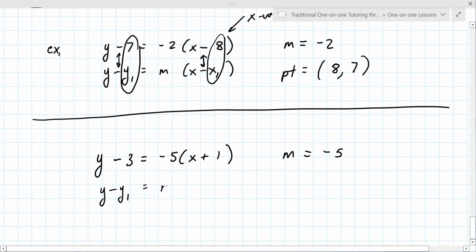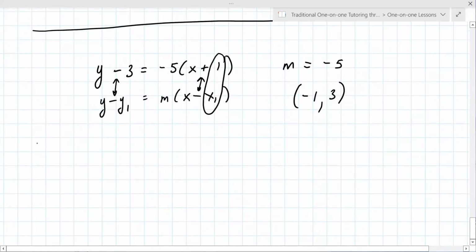But notice that it's opposite in sign. Do you see how these are opposite? So now it's the opposite of this number. If they're opposite in sign, it's the opposite of this number. What is the opposite of 1? -1. Now, are these the same sign over here on the left? Yeah. So y1 is 3. Good.